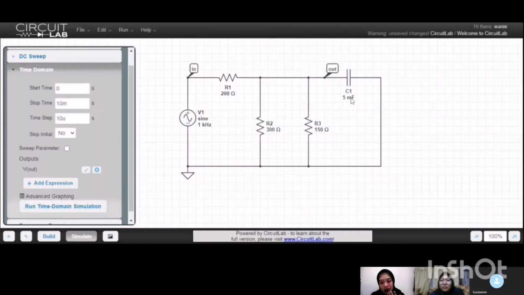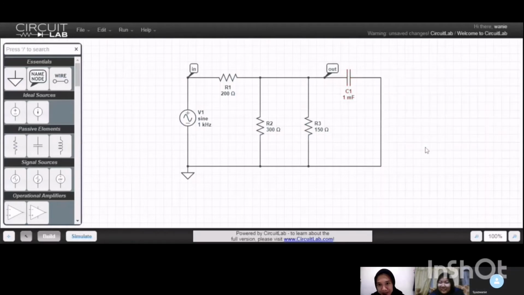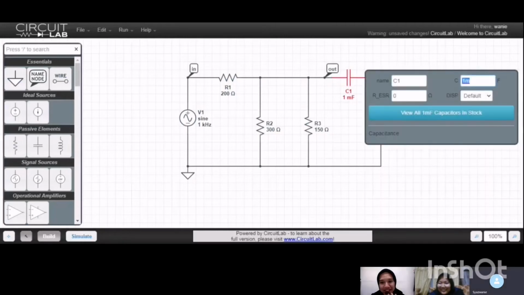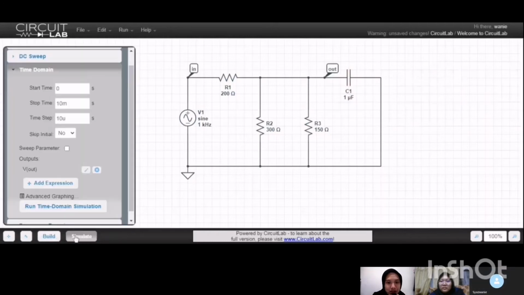Now let's look at the 1 microfarad. Run this circuit. First, we determine the input waveform.